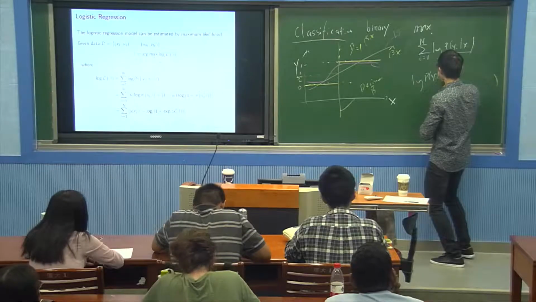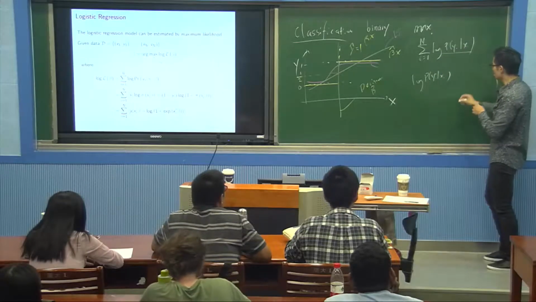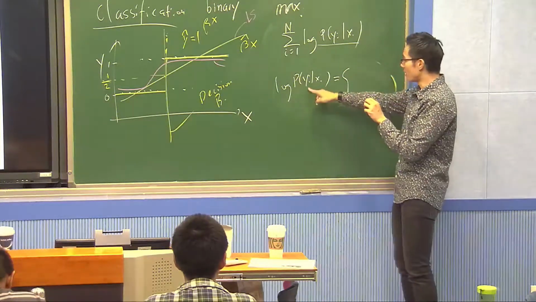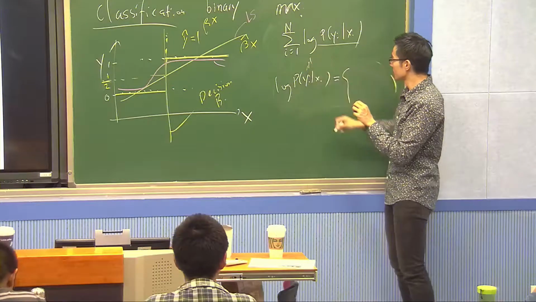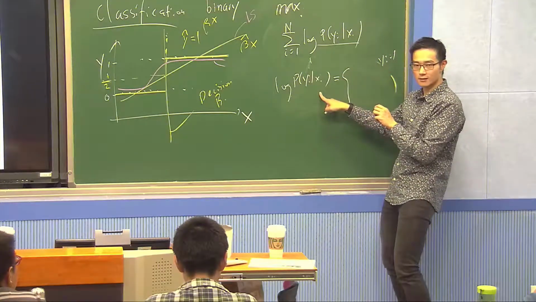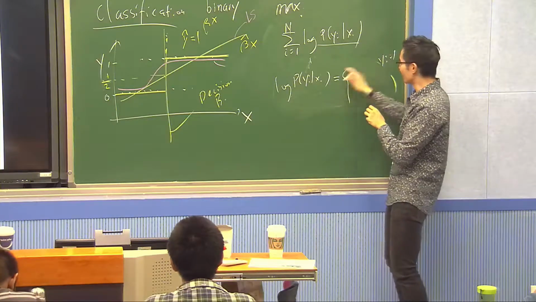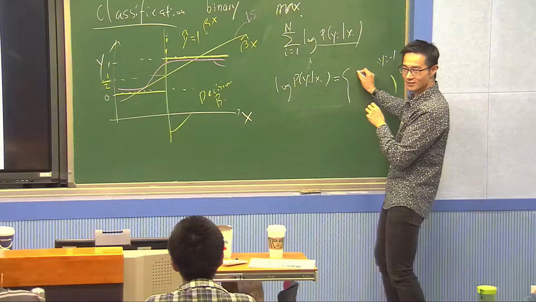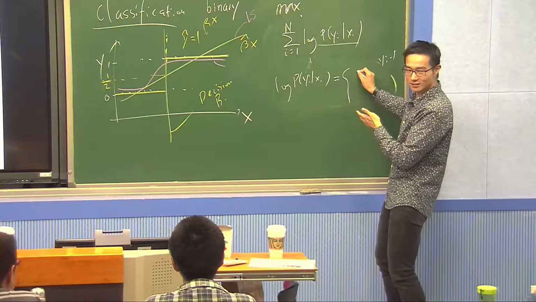What is the log probability of yi given xi? That is simply equal to two possibilities. If yi equal to 1, what is this? Express it using the logistic model.